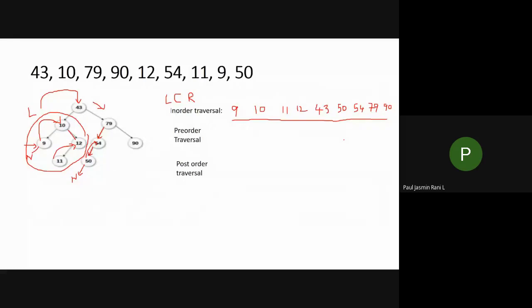Always remember that when you perform an in-order traversal in your binary search tree, you will get your result in ascending order. So by doing this, you can say that your constructed binary search tree is correct. So this happens in your in-order traversal.